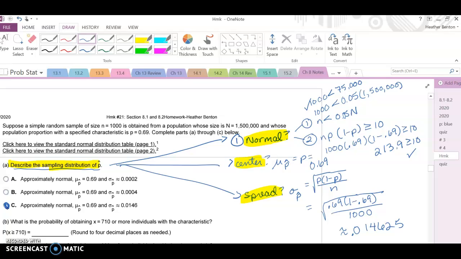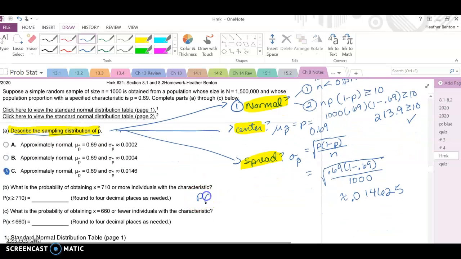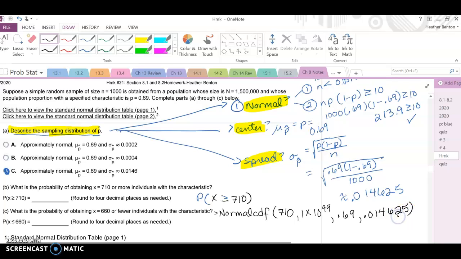So what is part B? What is the probability of obtaining 710 or more individuals with the characteristic? So the probability that X is greater than or equal to 710. Here's the trick. Normally we would just do the 710, and we would do 1 times 10 to the 99, with our mean of 0.69 and our standard deviation of 0.014625. But notice what we have going on here.